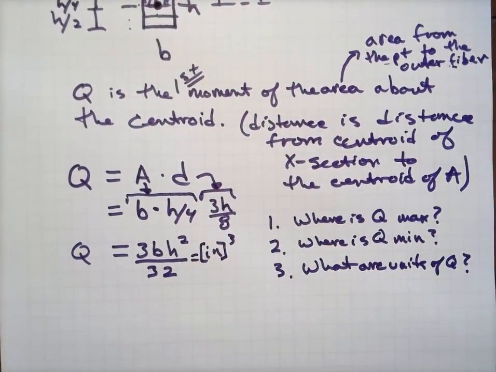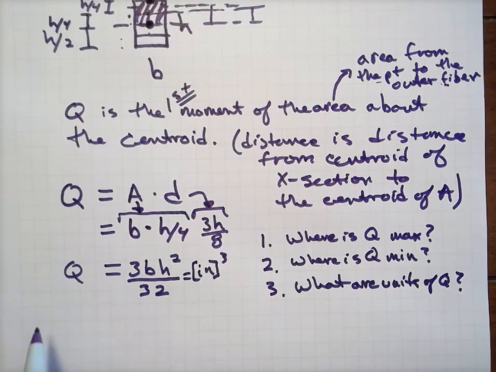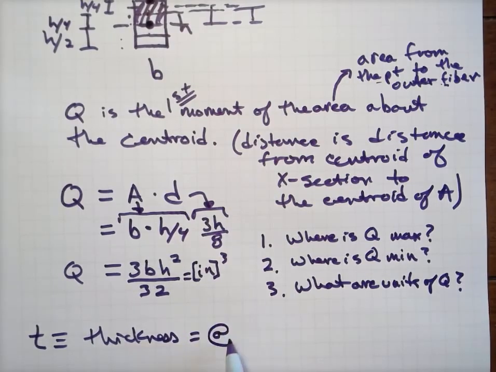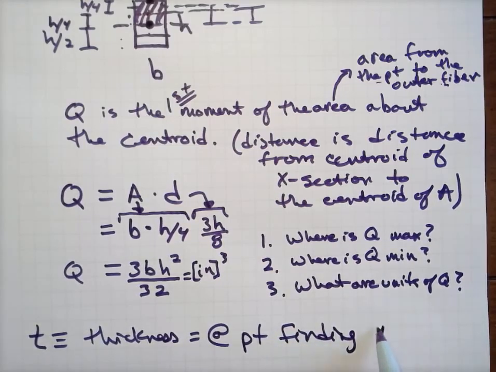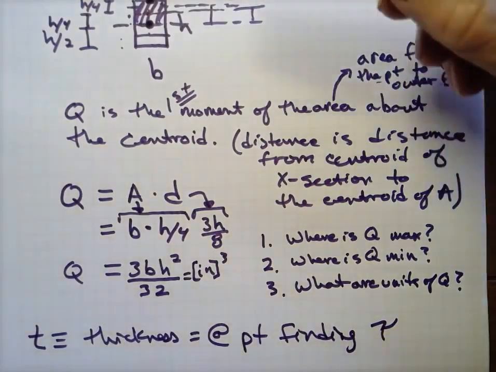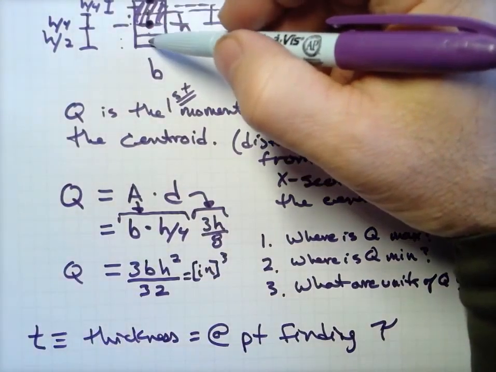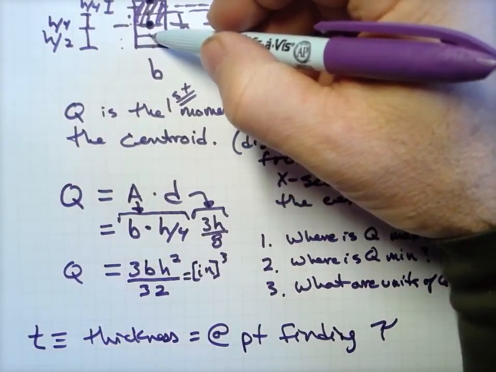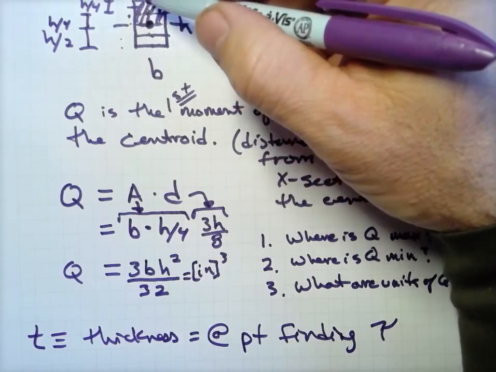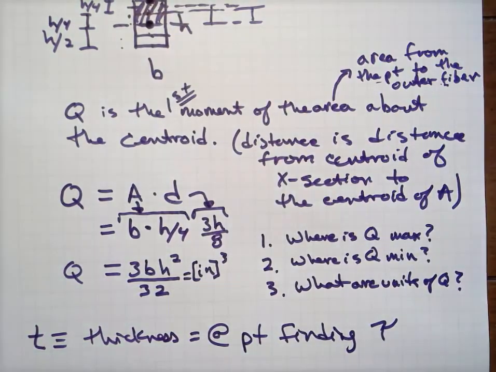All right, one last thing. What is T? Well, I said T was the thickness. And thickness is equal to, at the point we want, at the point where we're finding tau. Remember, that can go up and down. We could say, what is the shear stress here? What is the shear stress there? And so on.